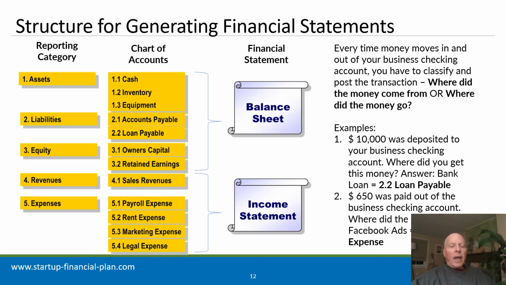So when I say accounts, I'm talking about cash, your business checking account, inventory, equipment, accounts payable, a bank loan, loans payable, the owner's capital, retained earnings, which is a special account we'll use to close out the income statement, sales revenue, customers, and all the different operating expenses in running the business. That can be legal, rent, utilities, payroll, marketing, all that. You list all those out. They form the chart of accounts. That's the structure, the skeleton by which we generate the 2 primary financial statements, the balance sheet and the income statement.